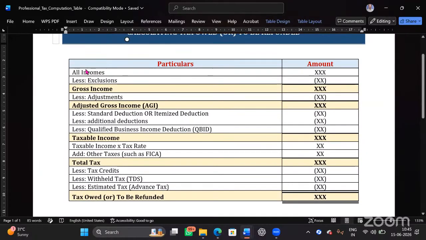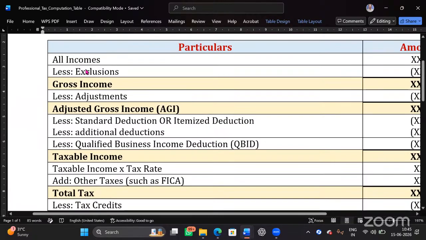If any student is able to understand all these items, automatically they will understand Form number 1040. The extensions are Schedule 1, Schedule 2, Schedule 3. Schedule 1 is nothing but a list of adjustments in this document. Apart from income tax, we also pay a variety of other taxes, and that list is given in Schedule 2: additional taxes.